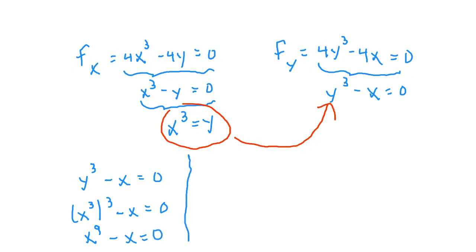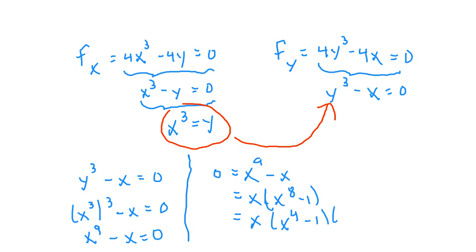Okay, let's try to solve for x. If we have 0 equals x to the 9th minus x, we can factor an x out, and that's going to give us x times x to the 8th minus 1. But x to the 8th minus 1 can be factored as x to the fourth minus 1 times x to the fourth plus 1, right?